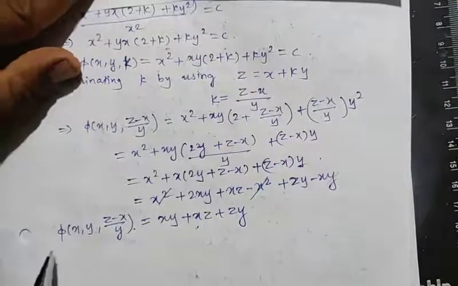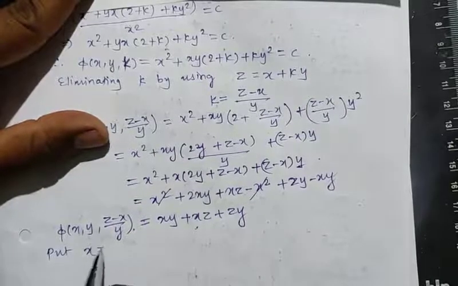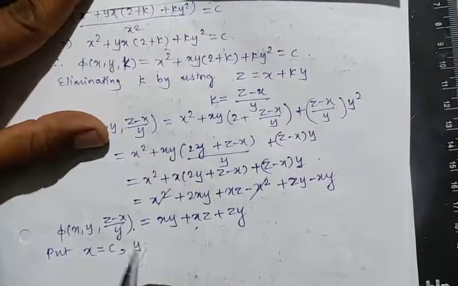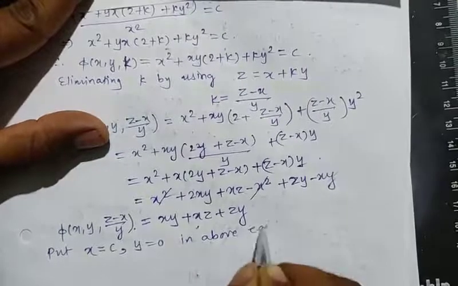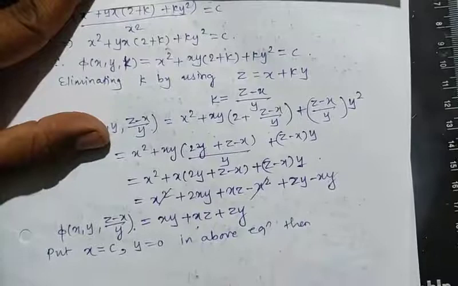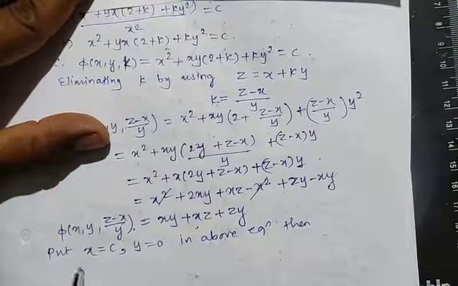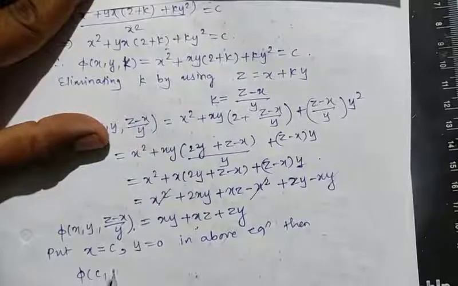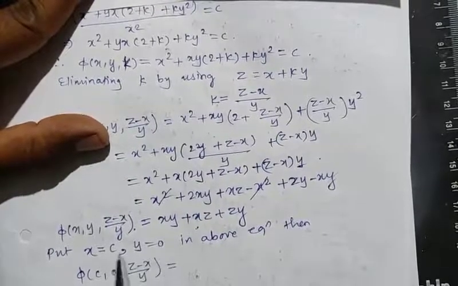Now substitute the initial condition. What is the initial condition? Put x is equal to c and y is equal to 0 in the above equation. Then the above equation becomes phi of c, 0, z minus x upon y, with x equal to c and y equal to 0.